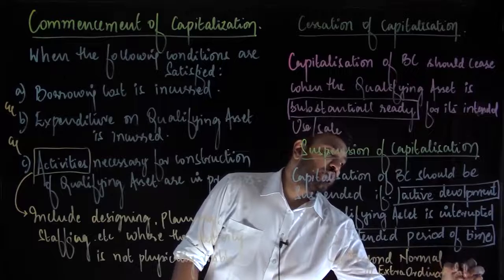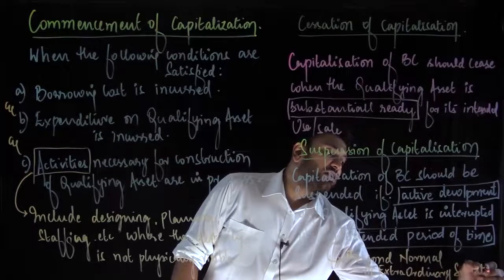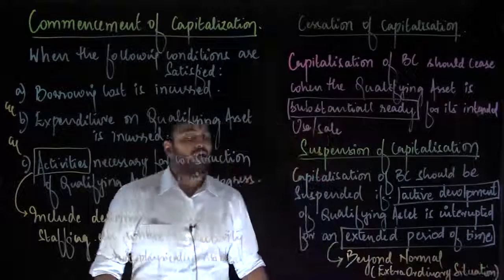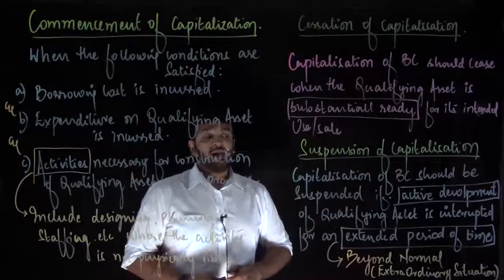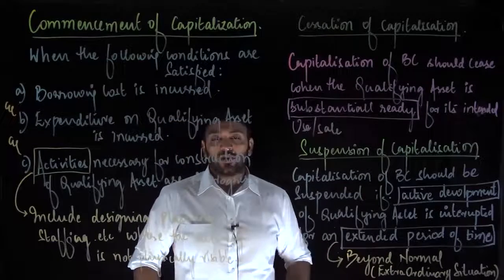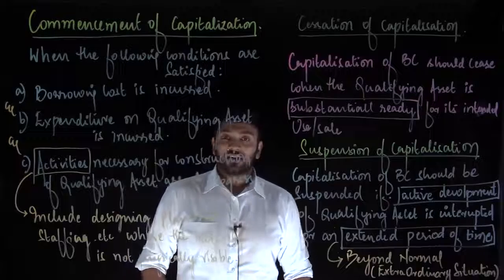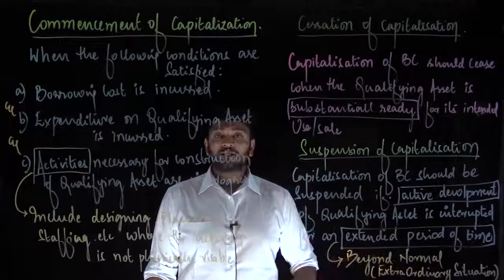It's not a regular situation like a weekend coming up or Dasara holidays or Sankranti holidays or Pongal holidays which come up. We are saying that it should be an extraordinary situation. It is beyond a normal situation. Then in such case only I will suspend.